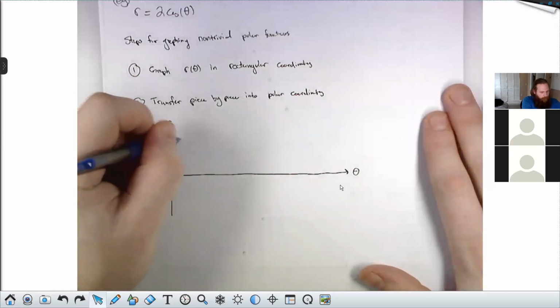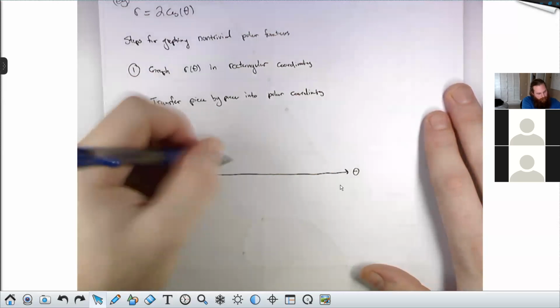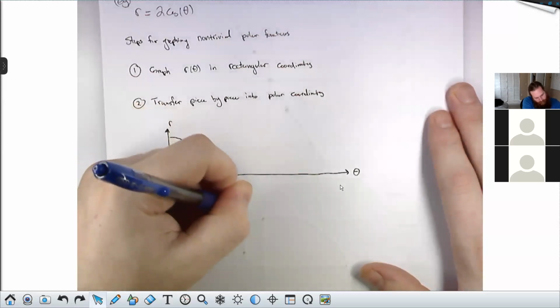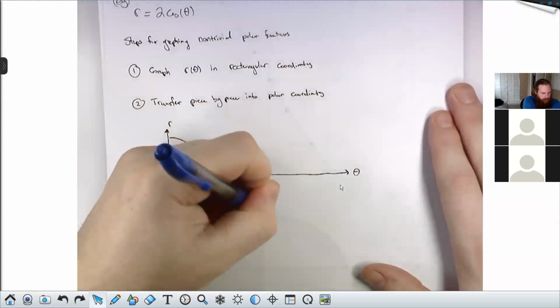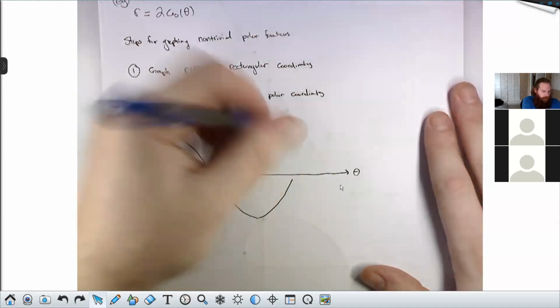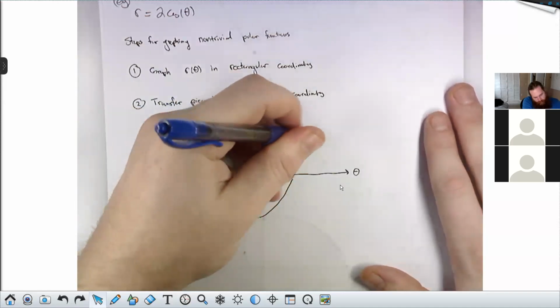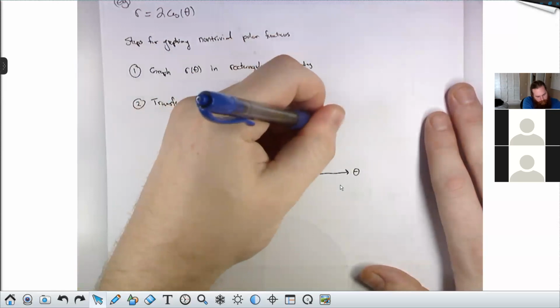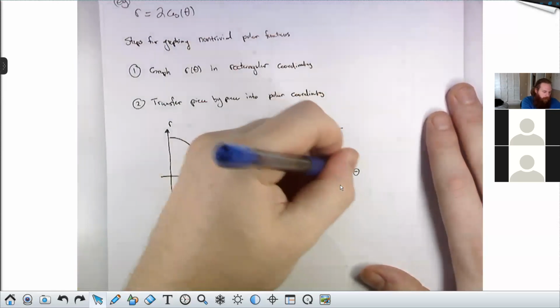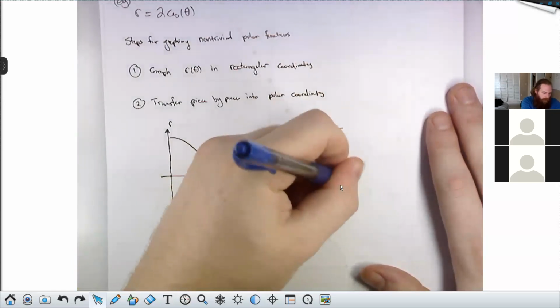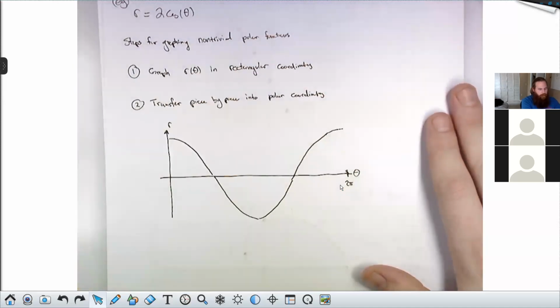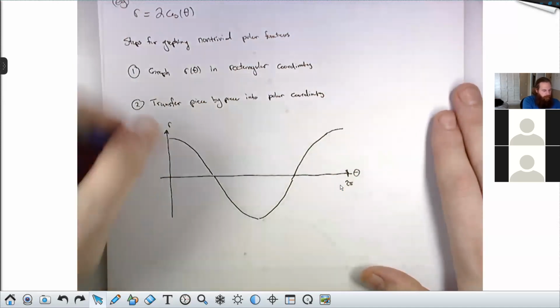If I graph the normal cosine wave, r equals 2 cos theta, we always want to go at least out to 2 pi because I know I'm going to be moving into polar coordinates and I want to know what happens through a full rotation around the circle. That looks like this, right?